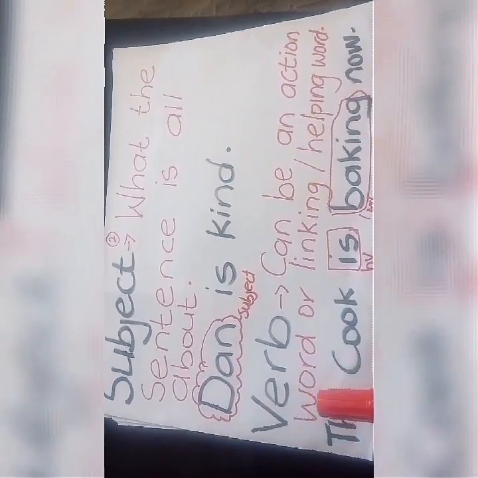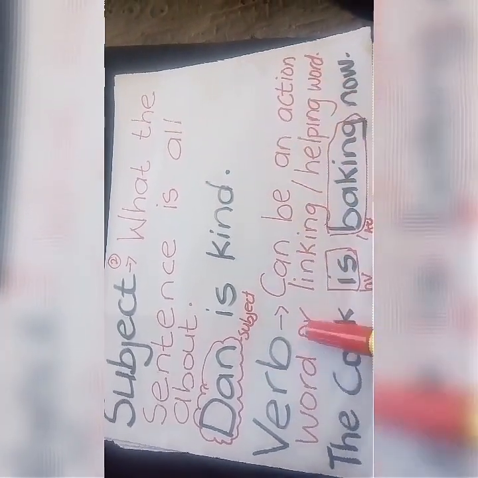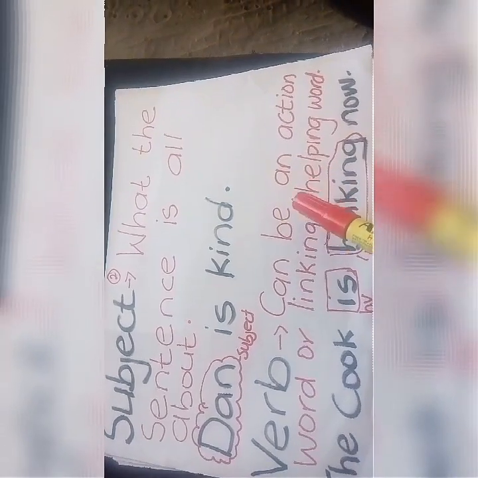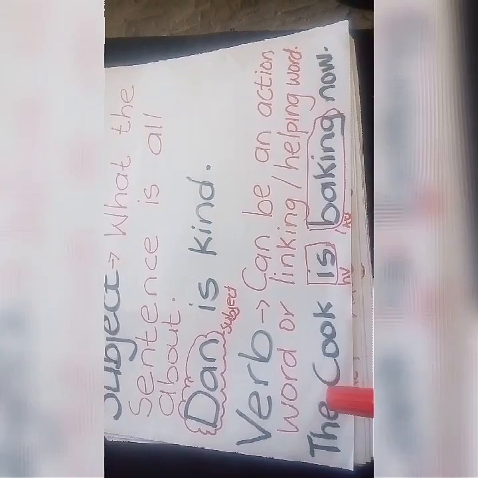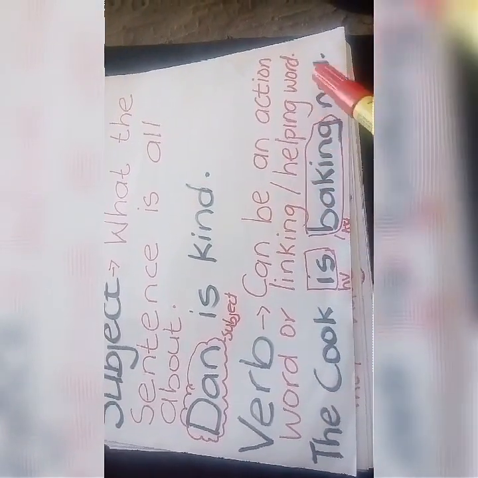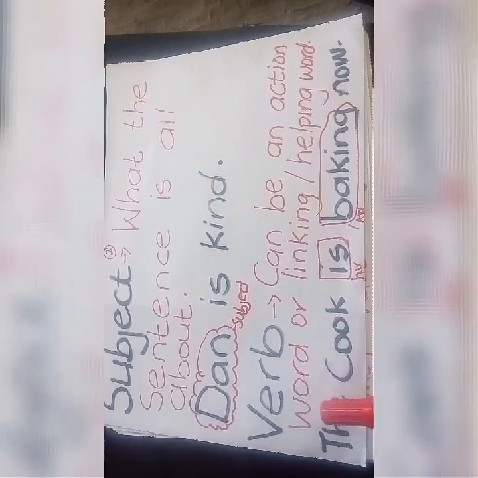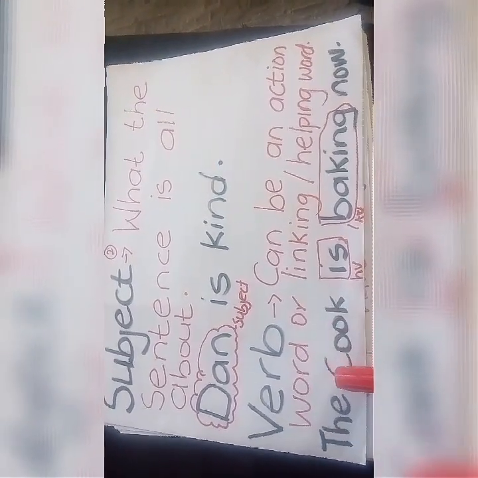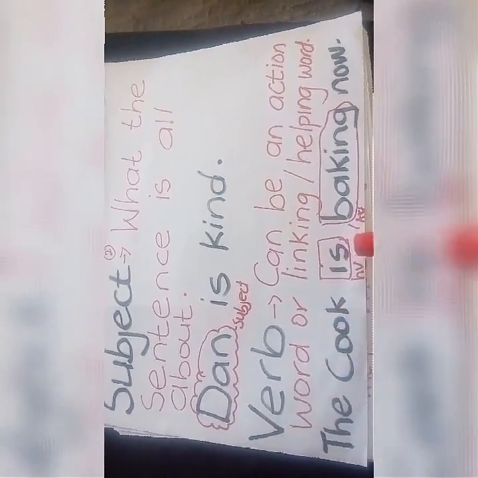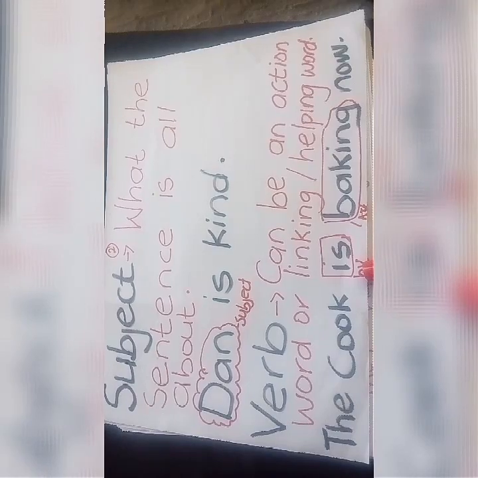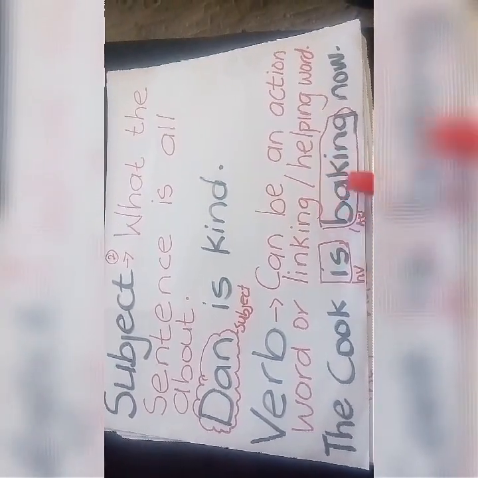Now let us look at the verb. A verb can be an action word or linking word or helping word in your sentence. For instance, the cook is baking now. Our subject, which we have already known, is the cook. This sentence is about the cook, a person who does cooking. "Is" is our helping or linking verb, and our action verb is baking.